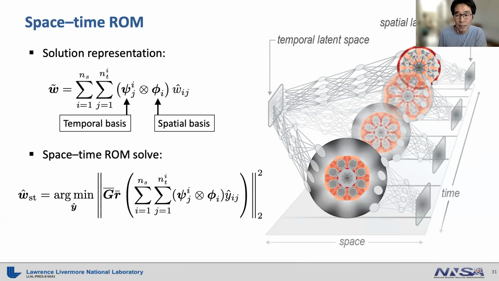And that's how we did that. And of course, if it is a nonlinear problem, we have to introduce the sampling matrix G hat to efficiently handle the nonlinear terms. More or less, that's how we construct the space-time reduced order model.